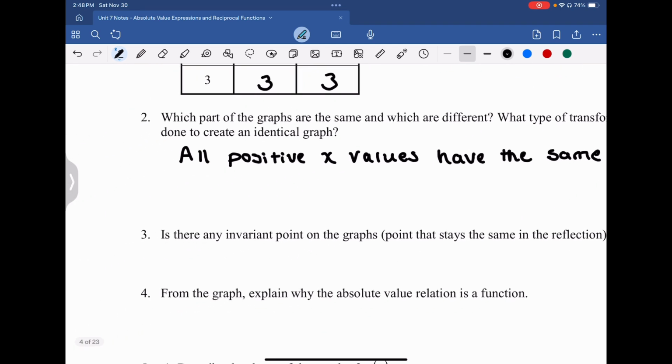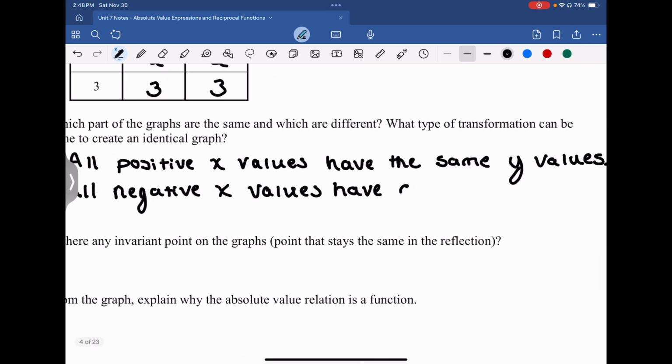And then what's different? All the negative x values have different y values.